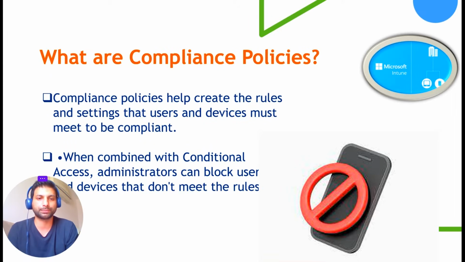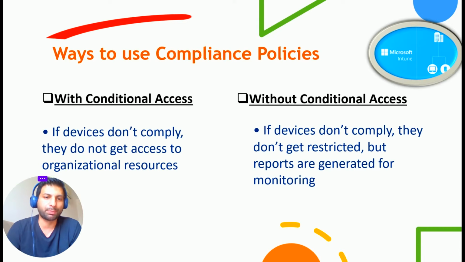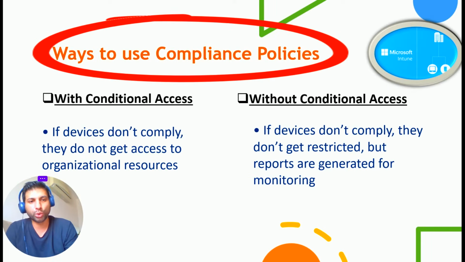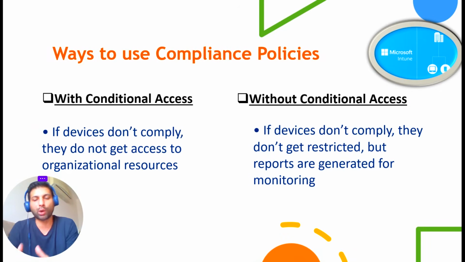The access is blocked. Let's check the ways to use compliance policies. We can use them either with conditional access or without conditional access. With conditional access, if your device does not comply, it does not get access to the organizational resources. While accessing organization resources like OneDrive, SharePoint, Exchange, you get a message that your device is non-compliant and access is blocked.